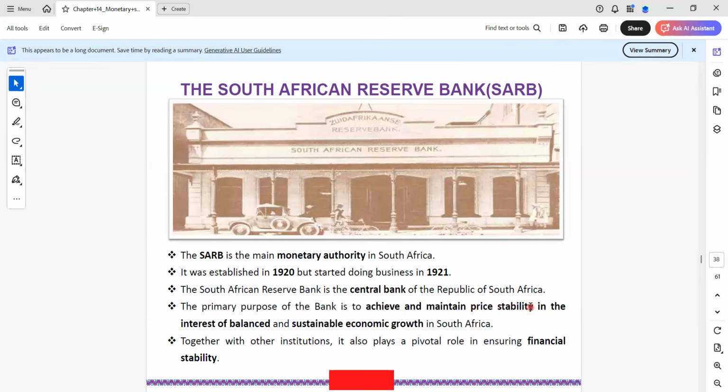Price stability does not refer to inflation only. What this means is that we want to make sure that prices are stable, in the sense that we do not have high prices or low prices. So we do not have inflation, and we also do not have deflation. Price stability has two things attached to it: inflation and deflation.